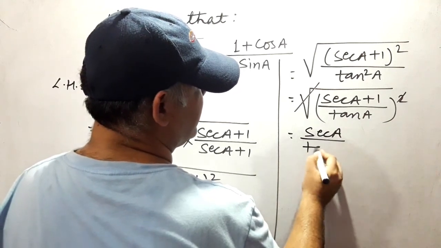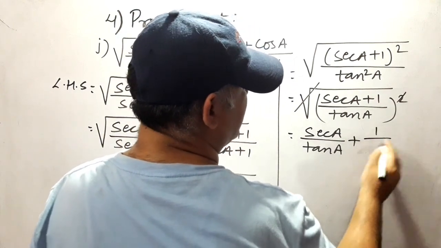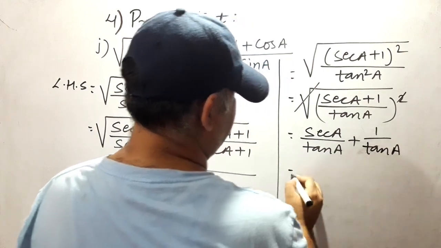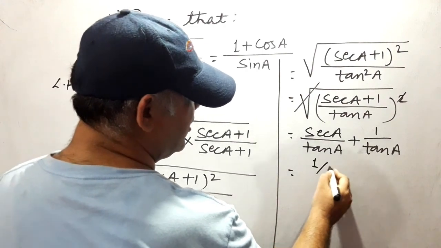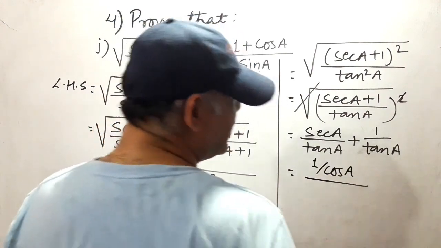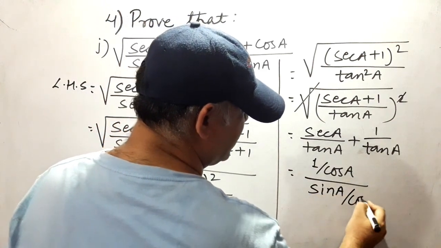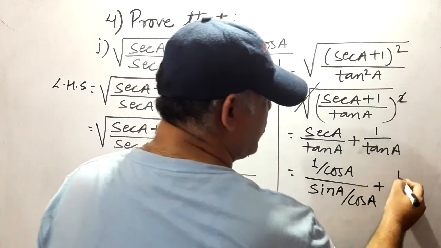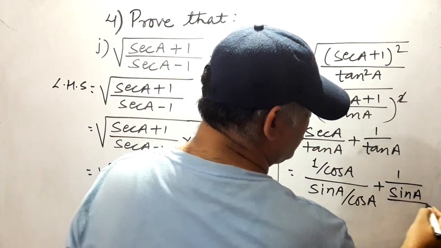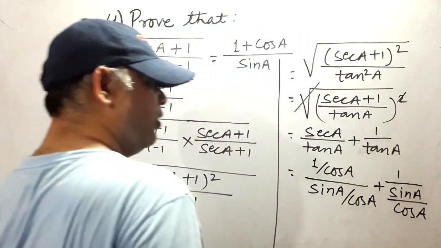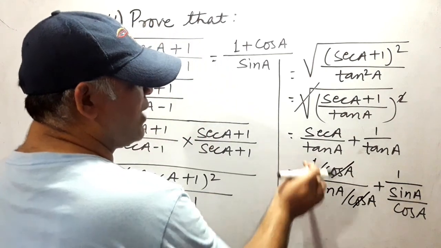sec A by tan A plus 1 by tan A. Let's convert sec A in terms of cos A, that is 1 by cos A, and tan A in terms of sin A and cos A, that is sin A by cos A, plus 1 by tan A in terms of sin A and cos A, sin A by cos A. We can cancel this denominator cos A and this denominator cos A of both parts.